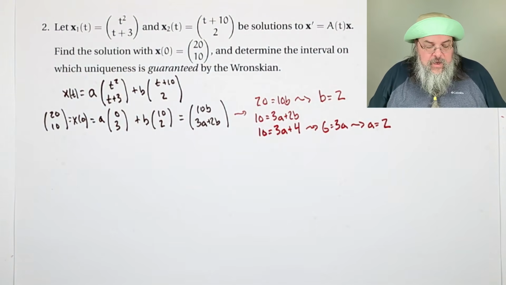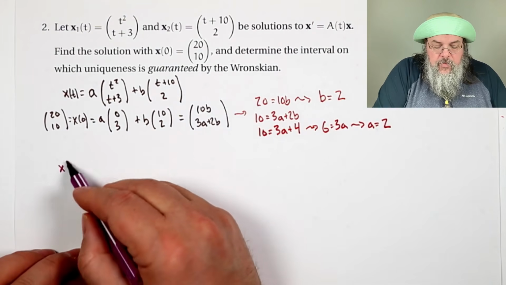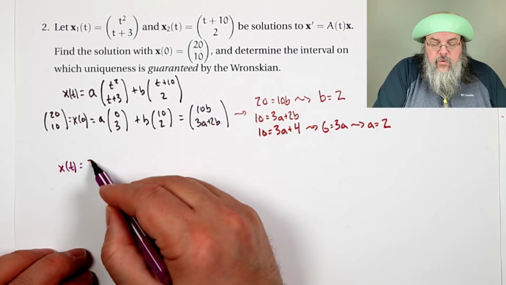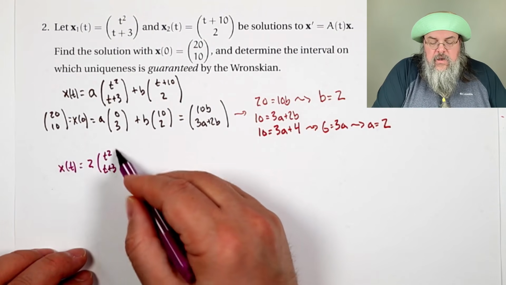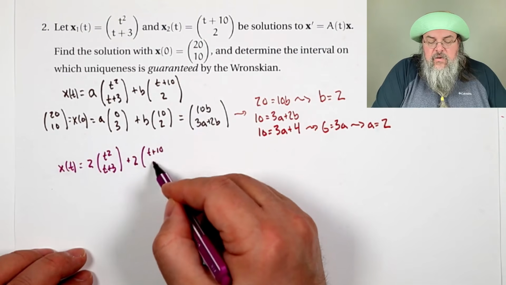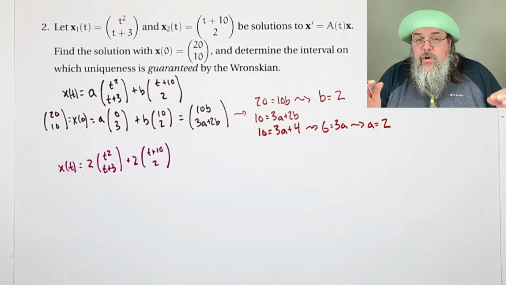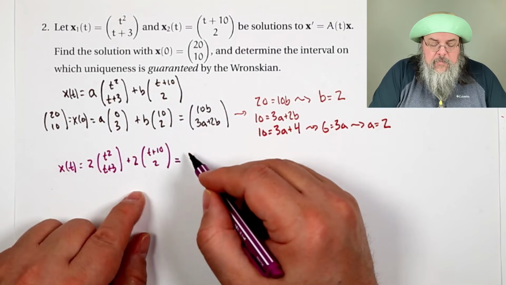So when we put this together, that tells us our solution x of t looks like 2 times (t squared, t plus 3) plus 2 times (t plus 10, 2). Now, this is a perfectly fine way to write it. I'm going to go ahead and just combine.